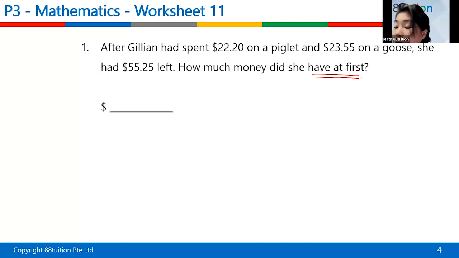What is the first part of the model? It says that Jillian spent some money on a piglet, some money on a goose, and she had some money left. So what is the first part of the model that I will draw? Hmm? What's the first part?